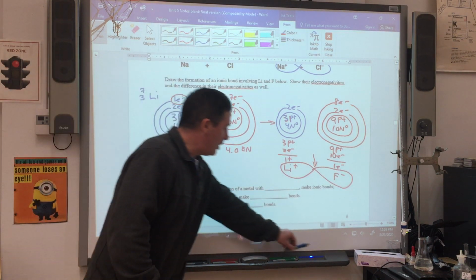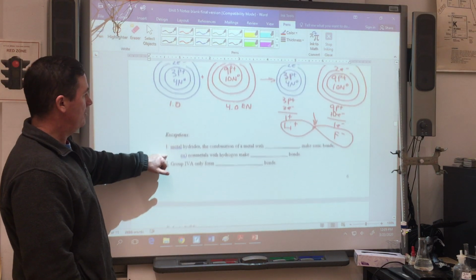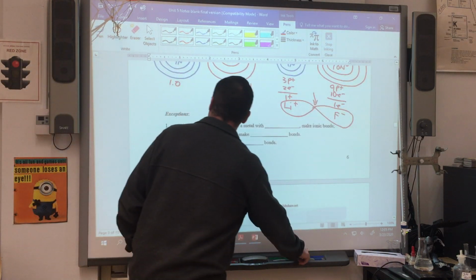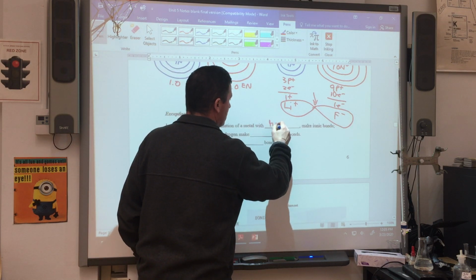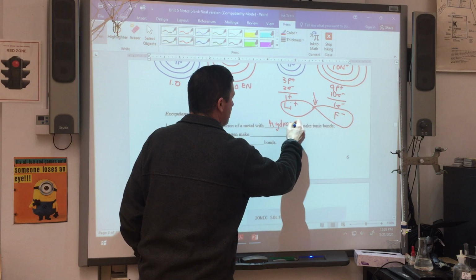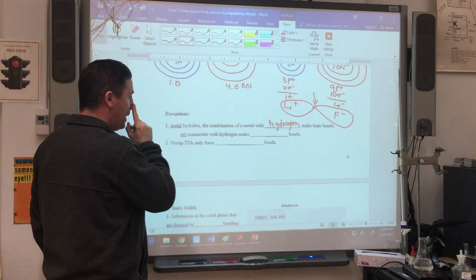Okay? There are a few exceptions. Metal hydrides. This is a combination of a metal with hydrogen. These make ionic bonds.